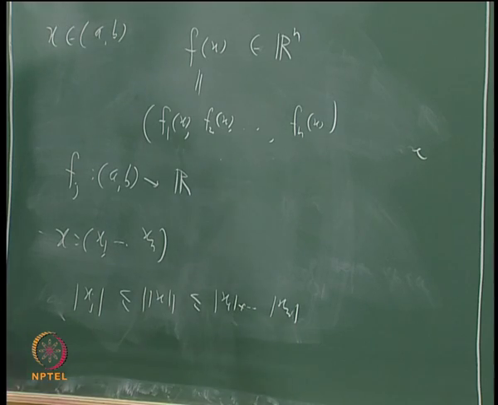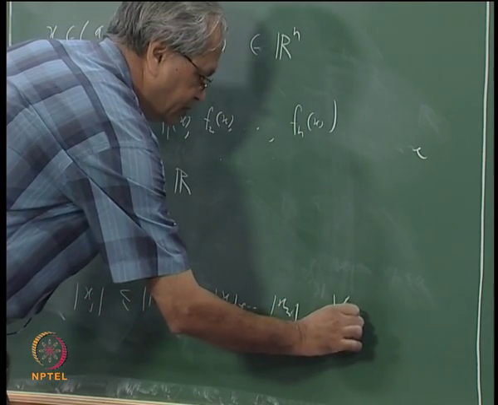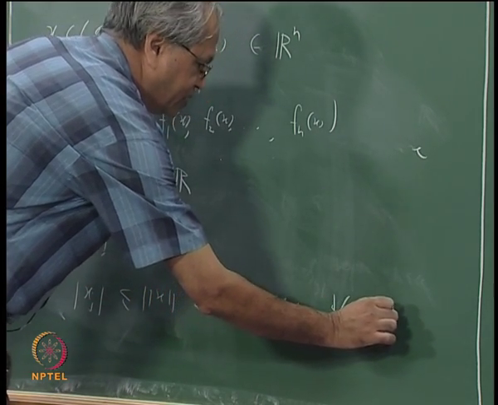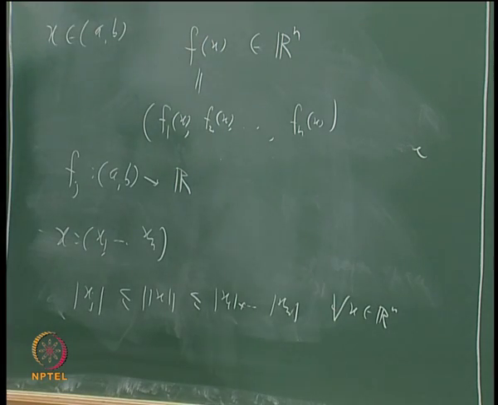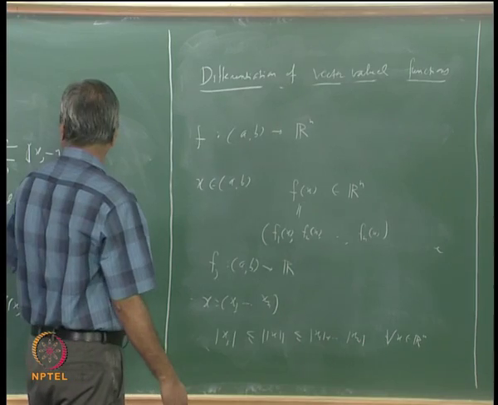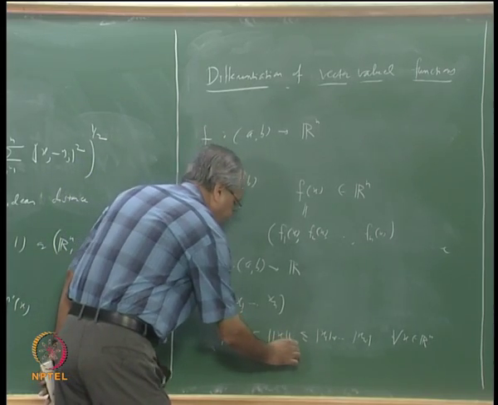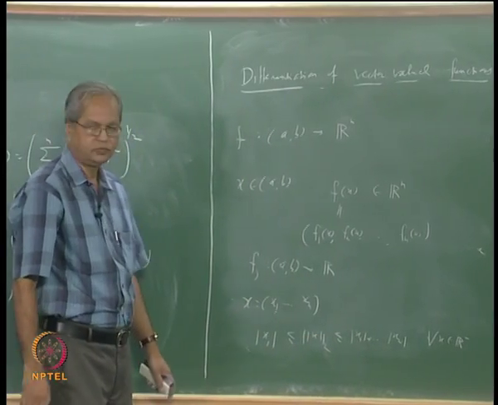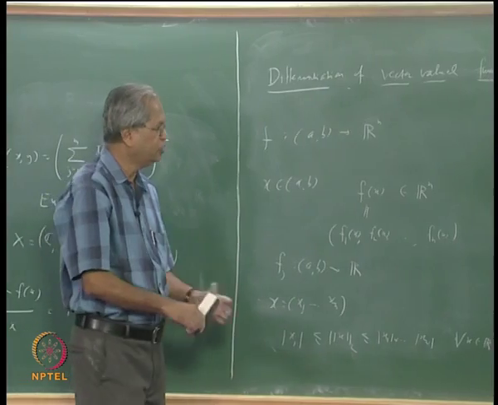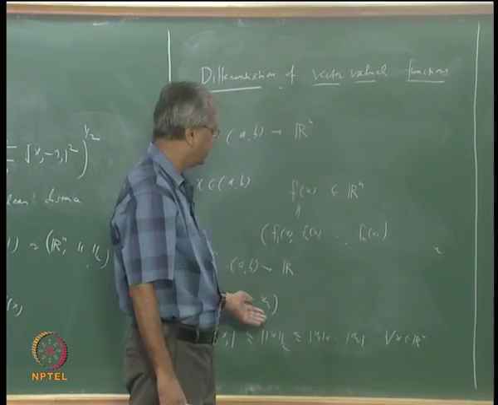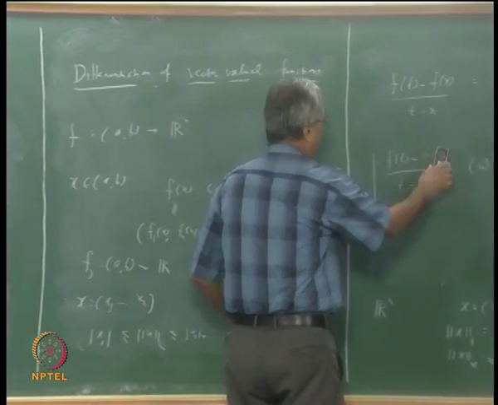This is true for every x in Rn. Since I said that most often we will be discussing this L2 norm, let me write it for this. And this is what you will use to show the following.